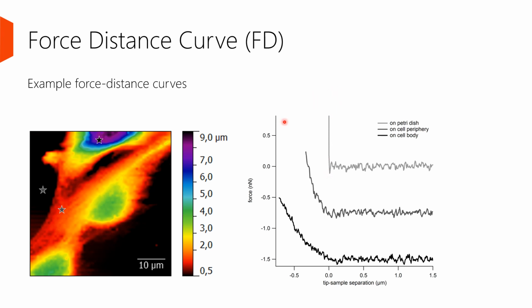If the force curves were done on the periphery or on the cell center, we can see that the slope is much smaller than that on the petri dish. And based on the slopes, we can know that the petri dish is a lot harder than the cell periphery, and it's a little bit harder than the cell center.